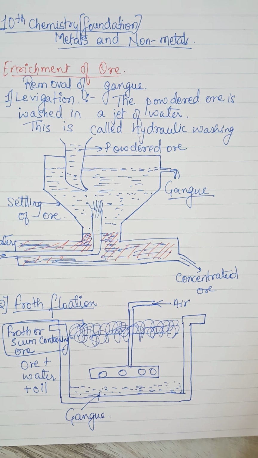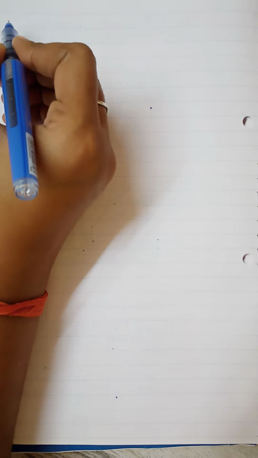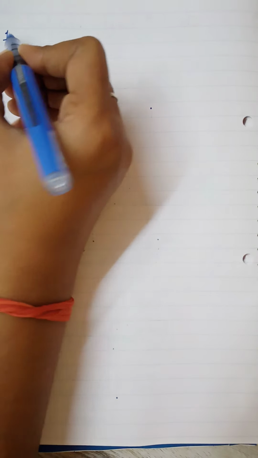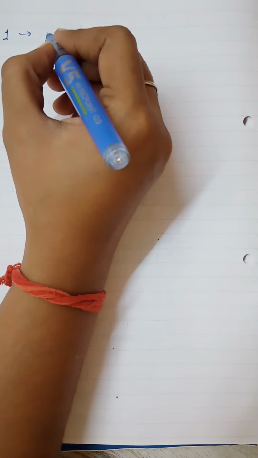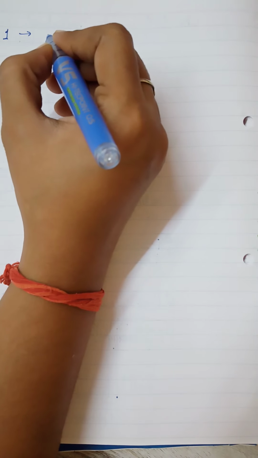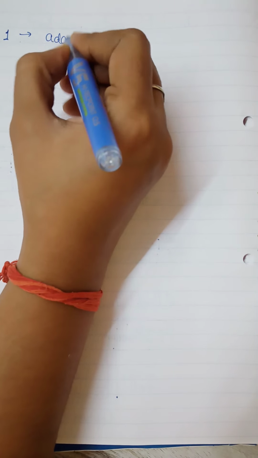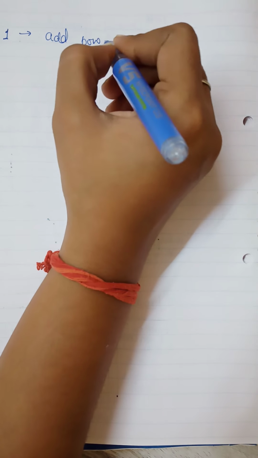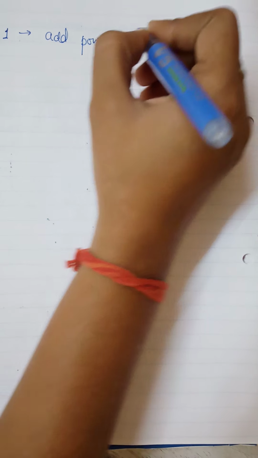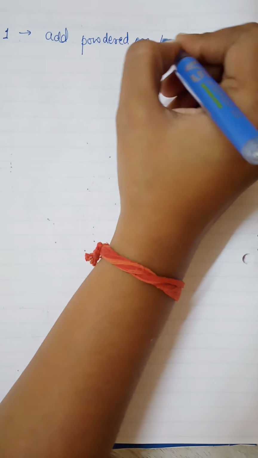So fine, we'll write the points for it. I hope it is very clear to you how the process of froth flotation works. The first point of the process: add powdered ore to water.